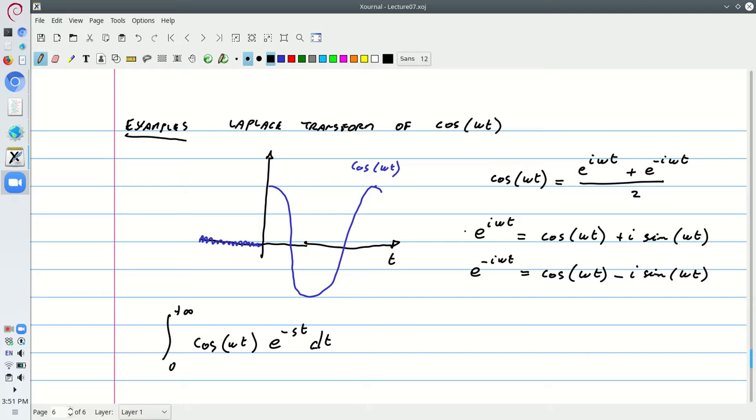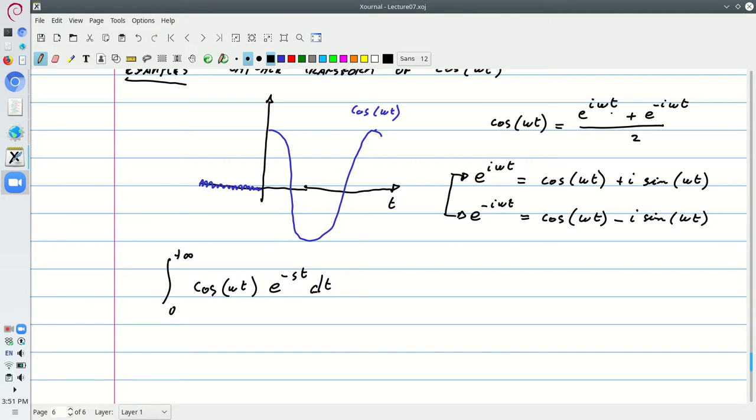So these two relations here, coming from complex analysis, give us a way to represent the cosine of omega t as the sum of these two imaginary exponentials and dividing by 2.